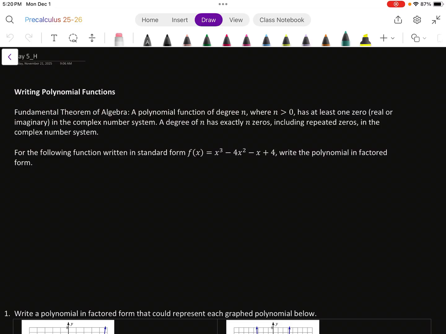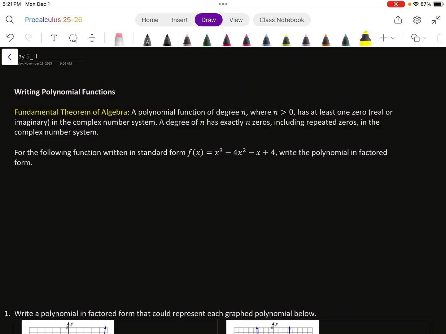So this is writing polynomial functions. We've done a lot of factoring of functions, knowing how many zeros we can find of functions given in standard form. It's the highest degree. That's what the fundamental theorem of algebra tells us: if we have a degree of n that is always a positive degree, it's going to have at least one zero.